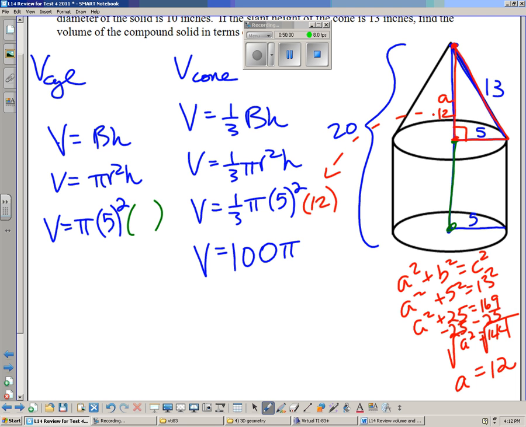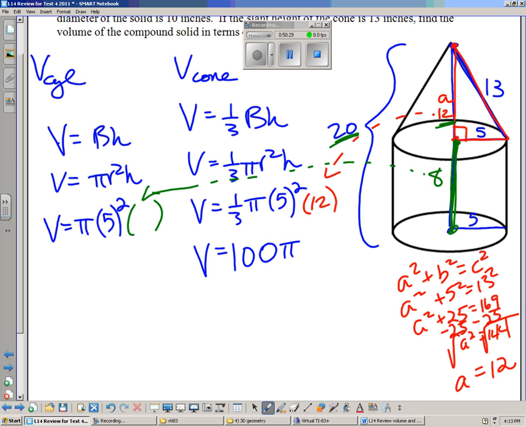All right. Still left is the volume of the cylinder. And we said we were leaving a space there to fill in the height. Well, what's the height going to be? We know from the blue, all the blue stuff is 20. The red part is 12. So to figure out this green part, we can do 20 minus 12, which will give us 8.